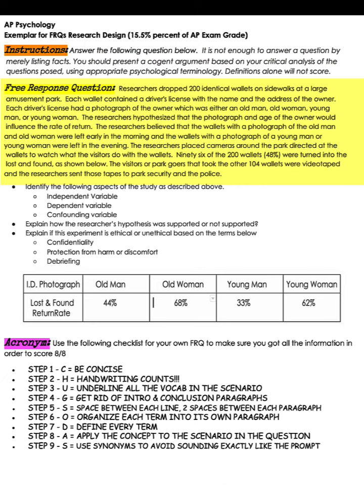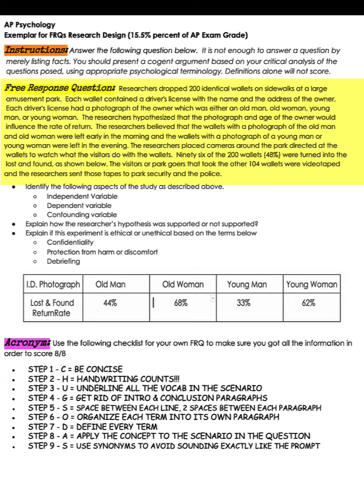Here is the scenario for this particular FRQ. Researchers dropped 200 identical wallets on the sidewalks of a large amusement park. Each wallet contained a driver's license with the name and address of the owner. Each driver's license had a photograph of the owner, which was either an old man, an old woman, a young man, or a young woman.